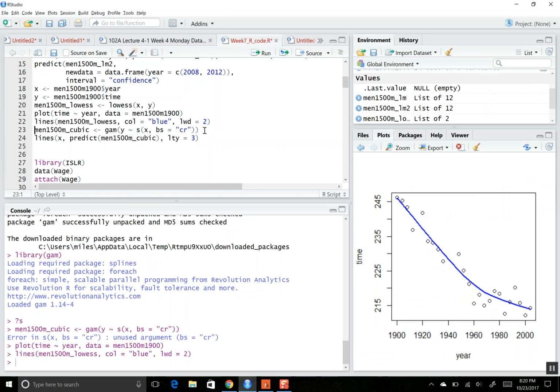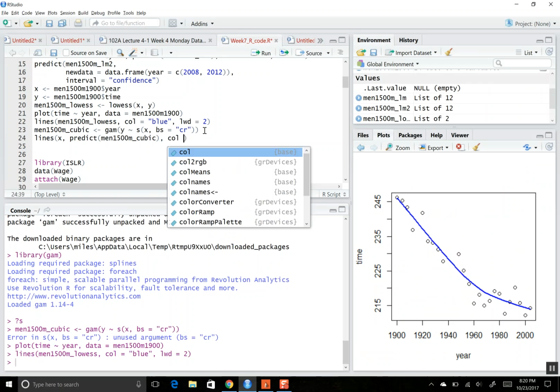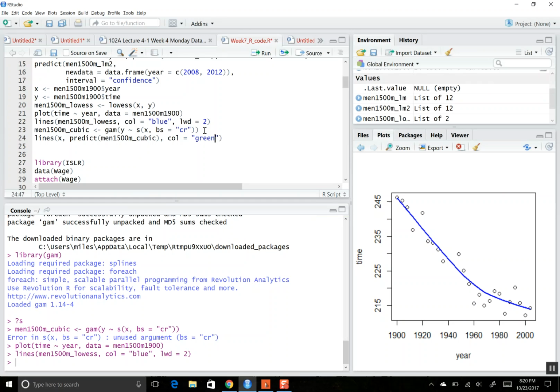So we've got this, and then let me do color equals green, and line width equals 2 also.